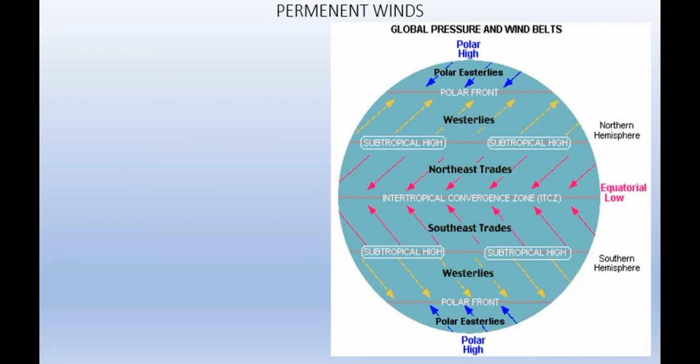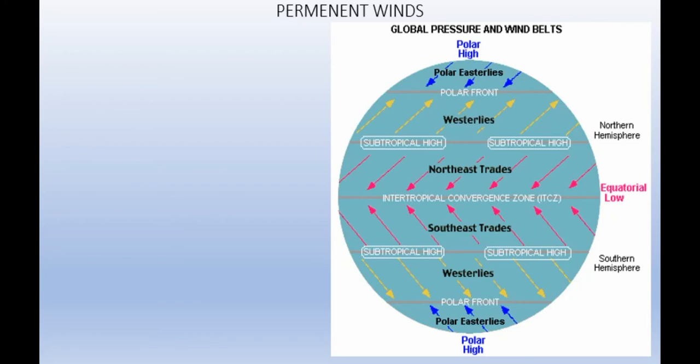This starts from the polar regions towards the equatorial region. The blue color arrows are showing the polar easterlies, north and south polar easterlies winds. The direction is also given. According to the direction, the name is also given, easterlies and westerlies.